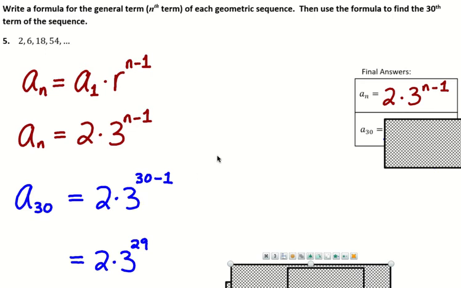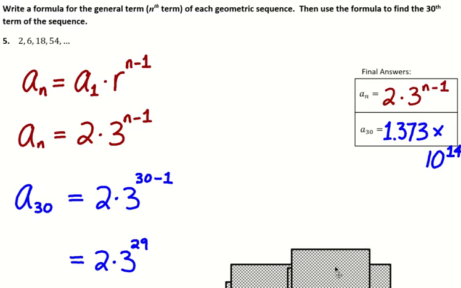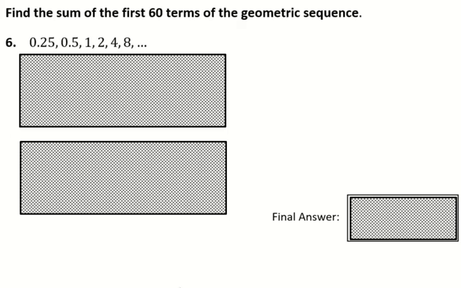And your calculator will basically say that it's 1.373, then you can round at that point, times 10 to the 14th power. Completely fine to just write your answer in scientific notation like your calculator is probably telling you.